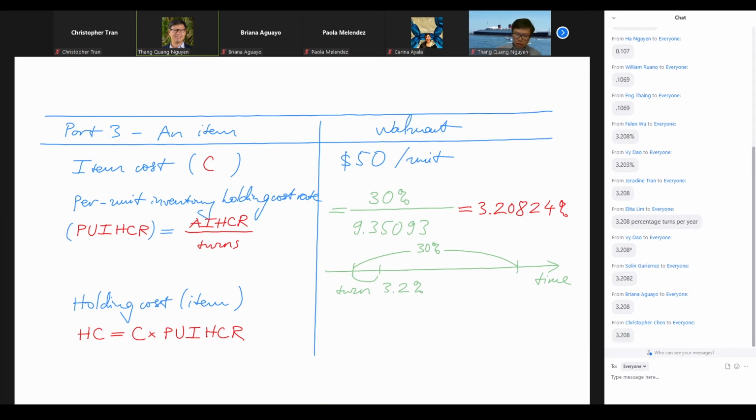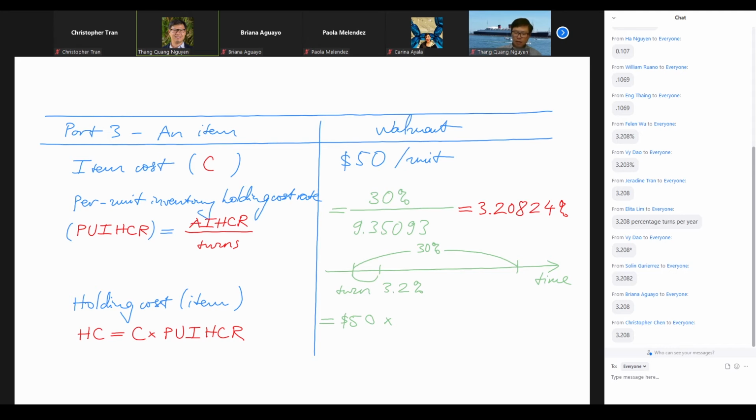So the holding cost of this pair of shoes or some household items is the following. It is a holding cost because the item will stay there for about 39 days. So during those 39 days, it's going to cost Walmart to hold on to that item, right? So it is $50 multiplied with 3.20824%.